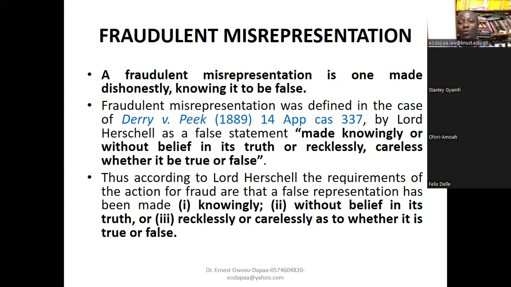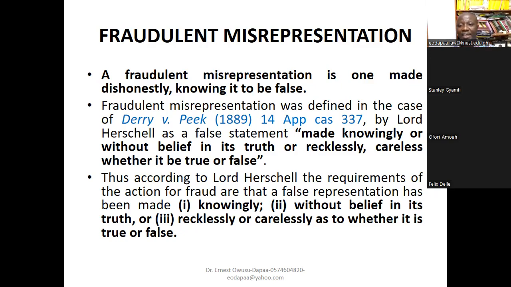And then the third one is taking us gradually into what we will later be discussing as negligent misrepresentation, where he makes the statement in a reckless or careless manner. That is to say, he has the opportunity to ensure whether what he's saying is true or false, but he doesn't make use of the opportunity and makes the false statement.